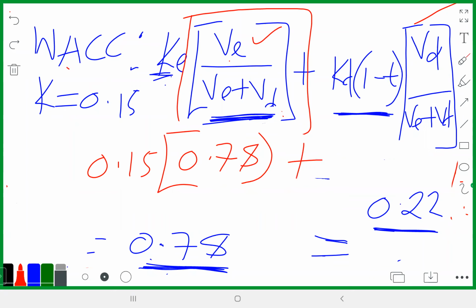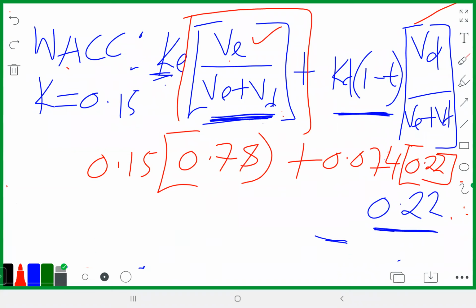Plus the cost of debt after tax, it is given as 0.0774 as you gave me. Multiplied by 0.22, which is the market weight of debt. So we can now multiply those and then we get better.